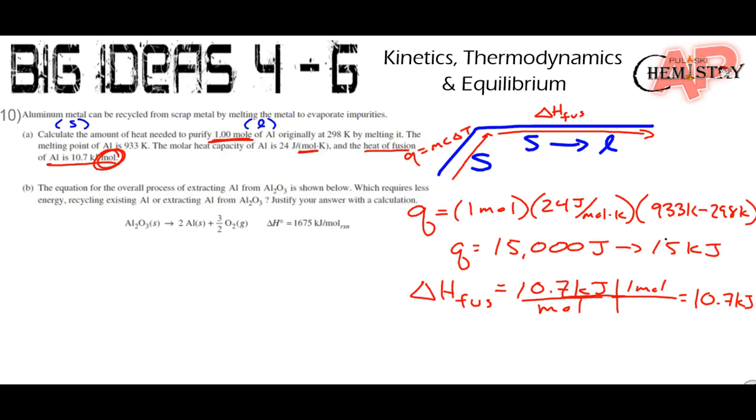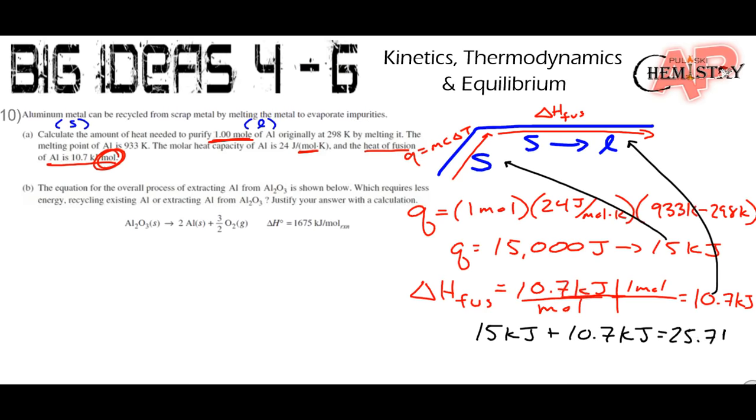So, translation, it takes 15 kilojoules to raise the temp, and then 10.7 kilojoules to convert it from a solid to a liquid. So it'll be 25.7 kilojoules, or if you round, it'll be 26 kilojoules.